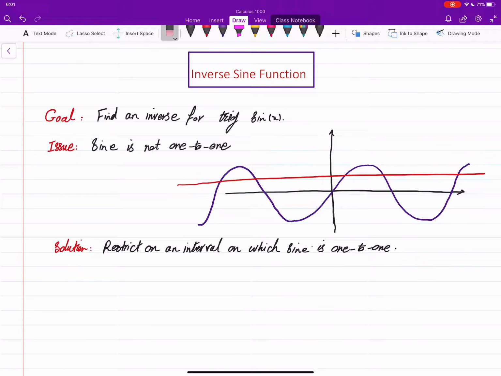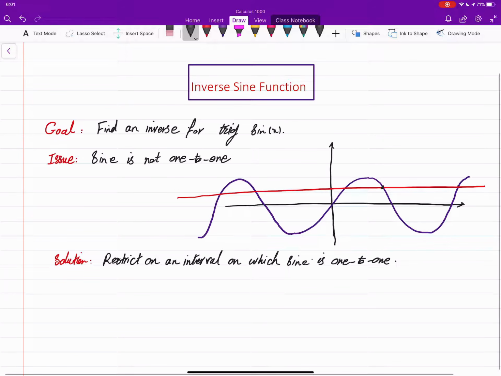In practice it means that this line intersects the graph here at different points, far apart. But if you look at only the piece between -pi/2 and pi/2, wherever you draw any horizontal line, at most it will intersect once.